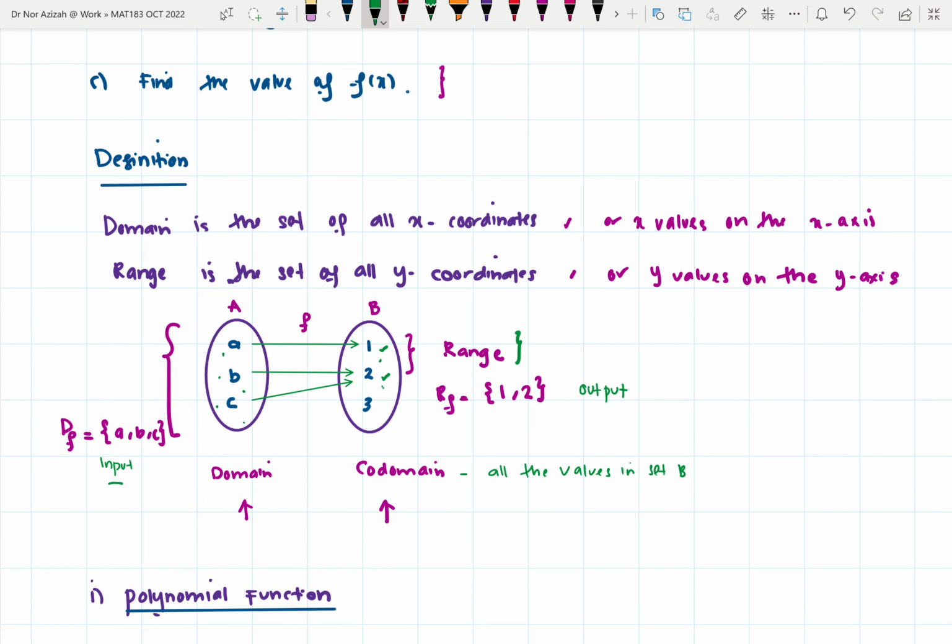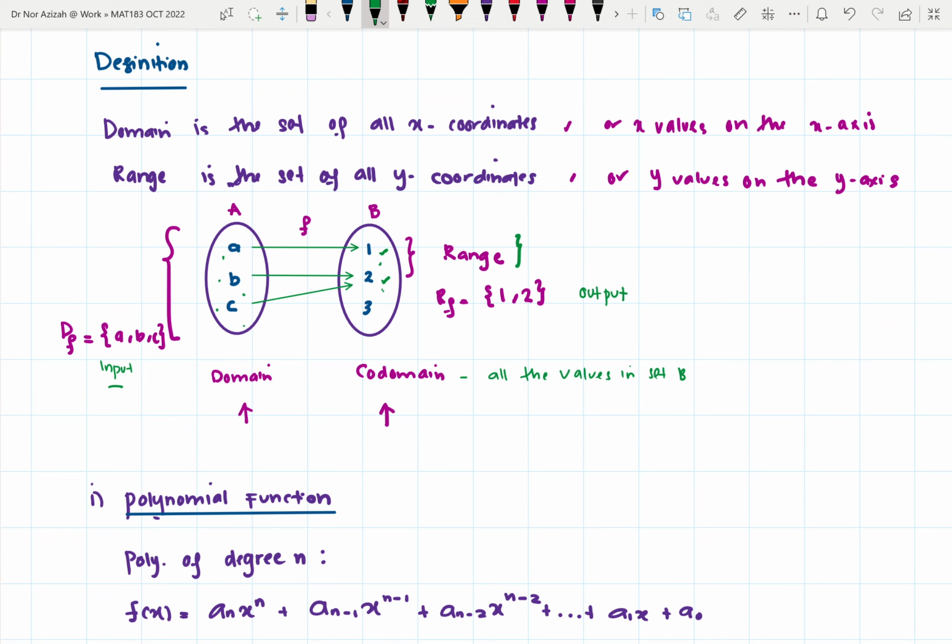So now you know the definition of domain, codomain, and range. Codomain is all the values in set B, but range is only 1 and 2, that has an object from A. Okay, so that's all for the definition of domain, range, and codomain.